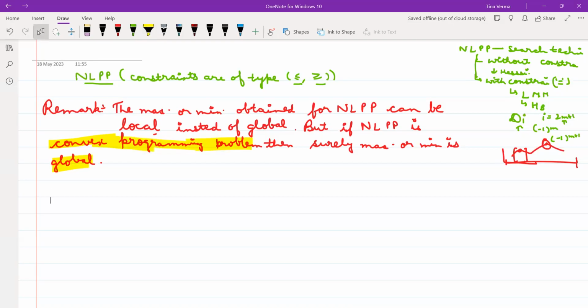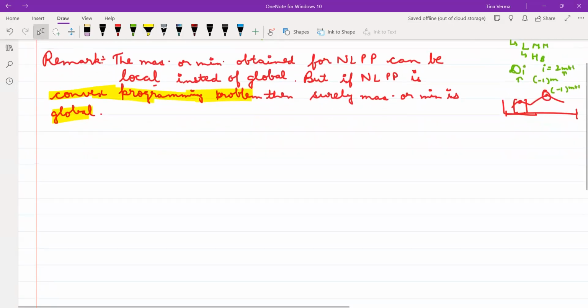Since this is a new word, firstly we will discuss the convex programming problem. Before starting it, I'll tell you what a convex function is. This name convex or concave you have already heard in your first year when you talk about convexity and concavity.